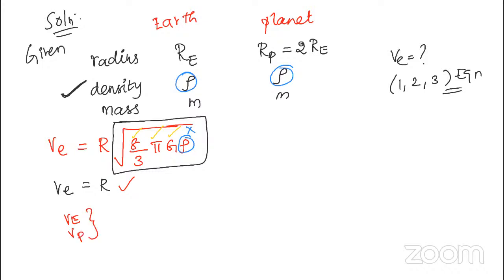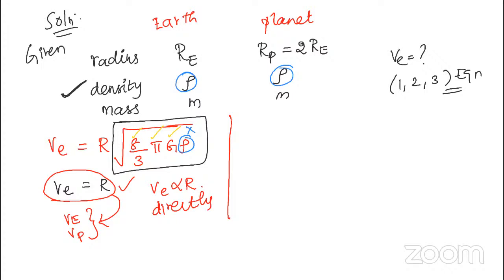So accordingly we have to write it for E and P. We are going to write equations relating E and P. So here VE is directly proportional to R. Since we are comparing velocities, we write the expression VE divided by VP is equal to RE divided by RP.